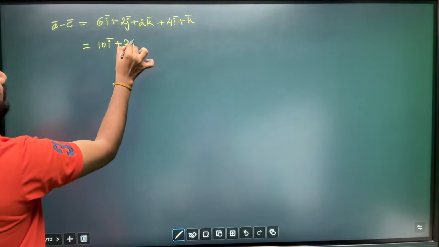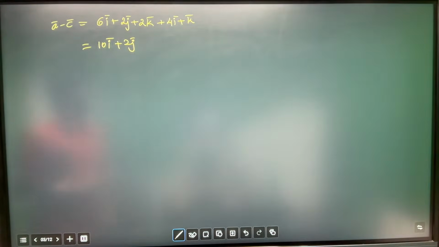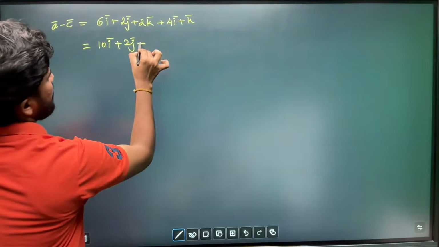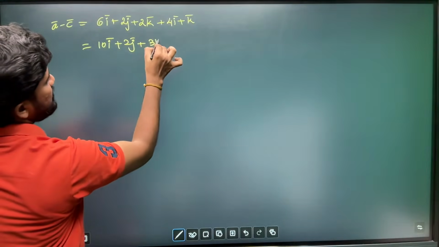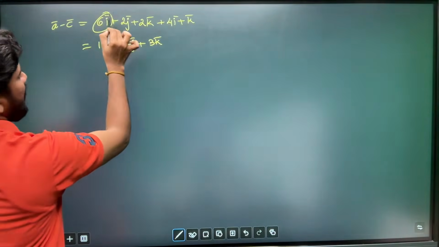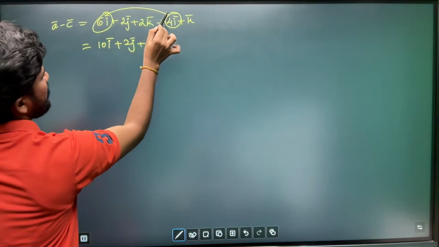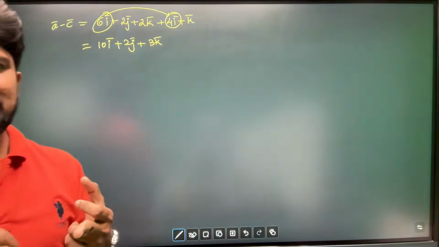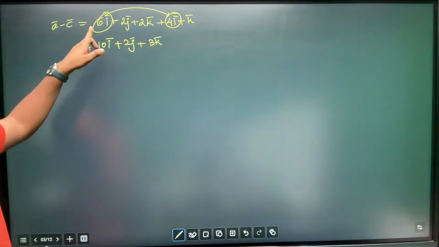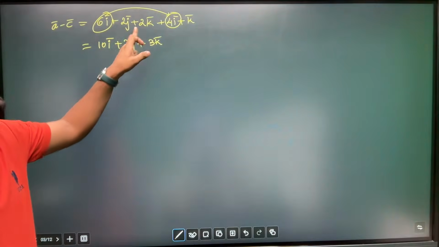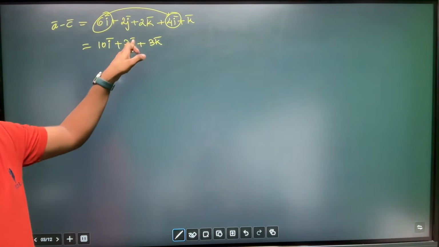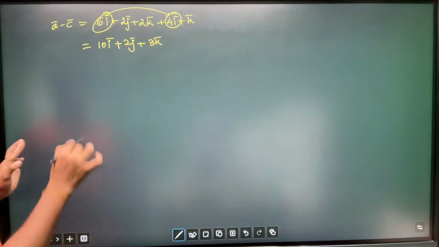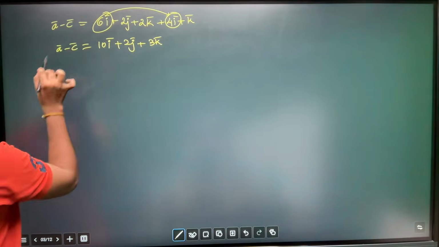Only we have j bar value, that 2j bar. Next ma 2 plus 1, 3k bar. Clear kada ma? So you have to add only these values. Just add the component values. This is a bar minus c bar.